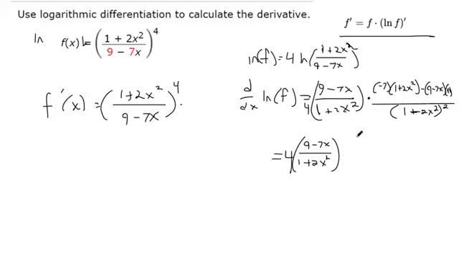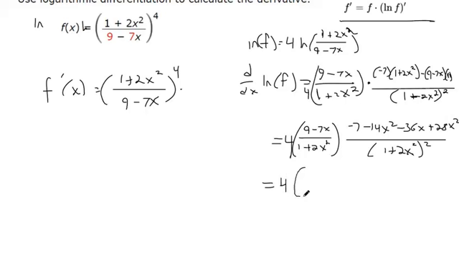Okay, so the numerator, let's distribute that negative 7 to everything. And then we got a negative sign to distribute to everything, and it's a 4x multiplying everything. Man, this problem's crazy. 36x, minus 28, that's going to be a positive 28x squared all over (1 plus 2x squared) being squared.